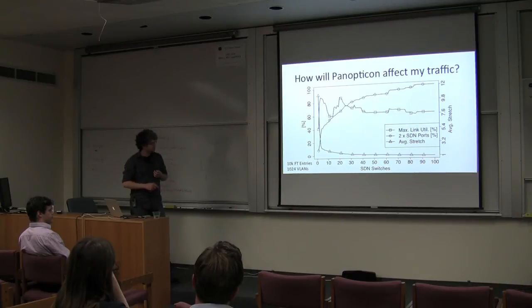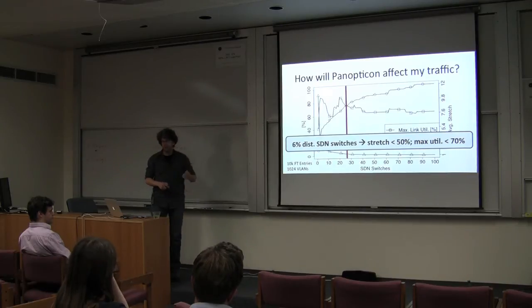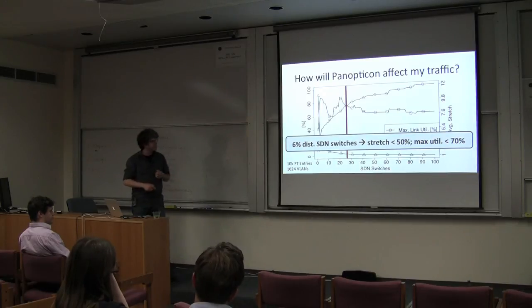So the first thing that we observe is that when you've upgraded about 6% of the distribution switches in your network, the path stretch, meaning the additional number of hops that packets have to traverse, goes below 50%, and the maximum link utilization, which is this curve here, is about 70%.